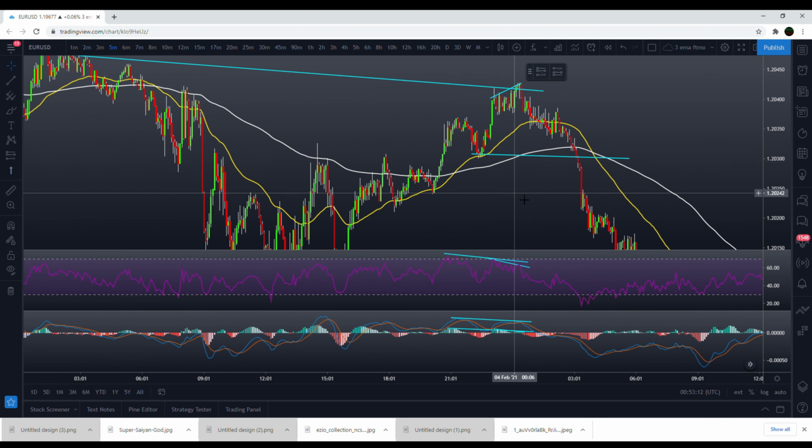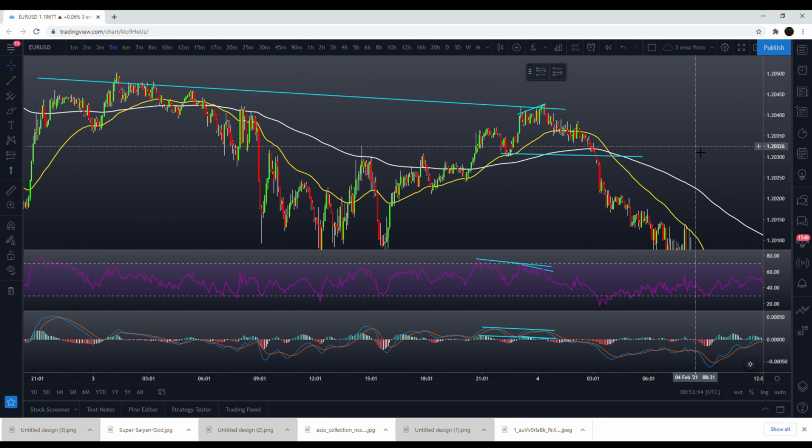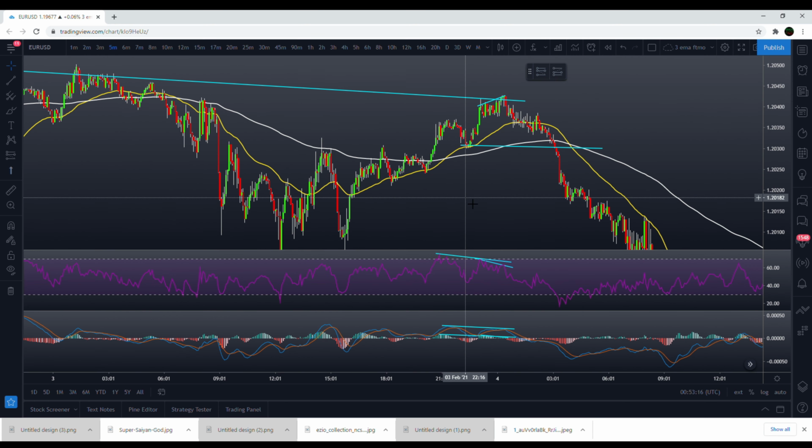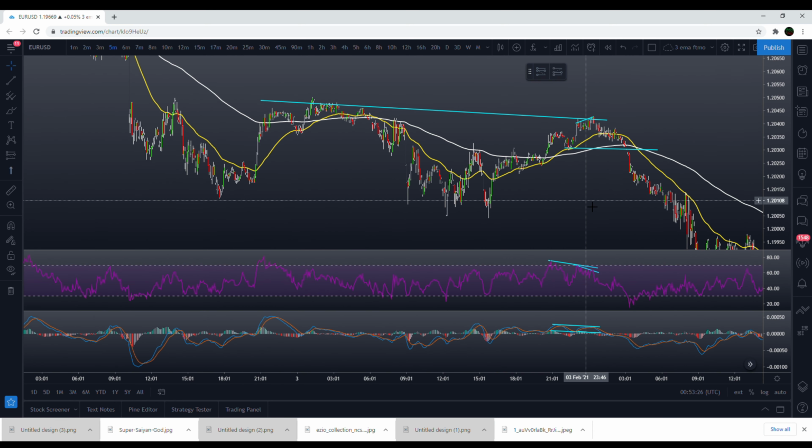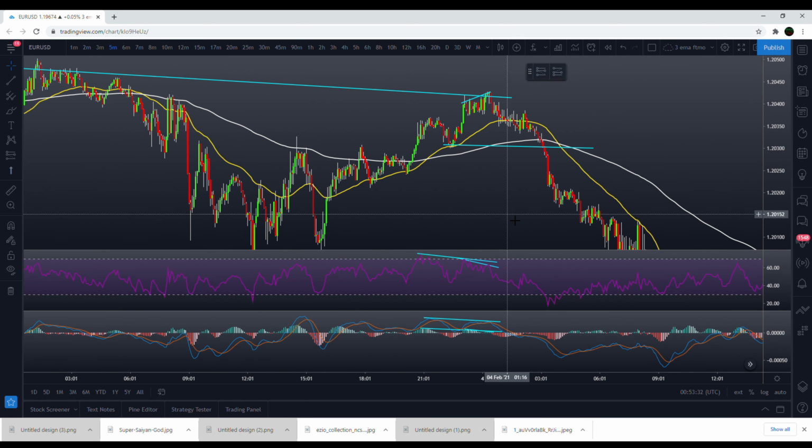So there's a few things you can do to really make a strong argument for price going where you think it's going to go with your 30-minute hidden bearish divergence. Hopefully all that stuff I just talked about makes sense to you guys and you can utilize it yourself. And you can do this with different time frames.